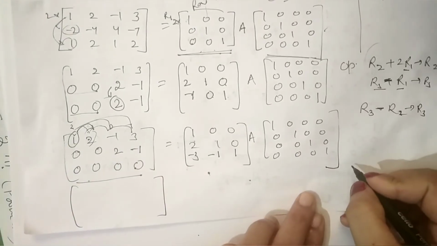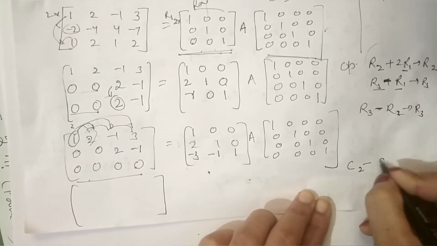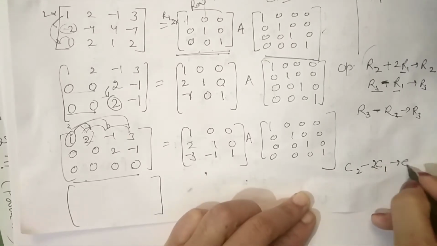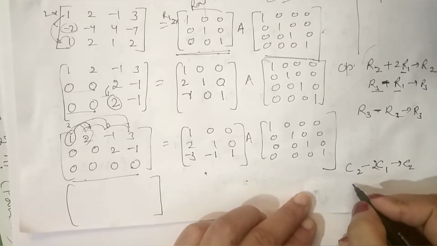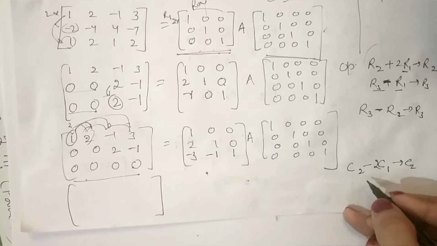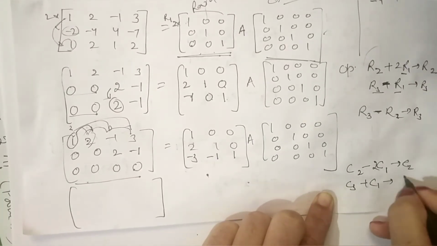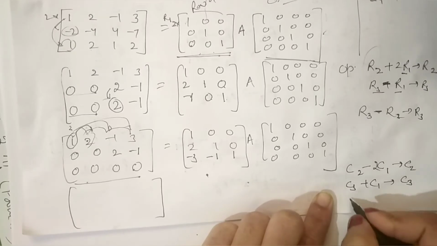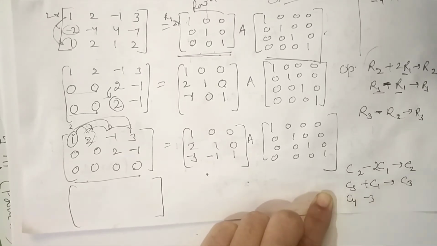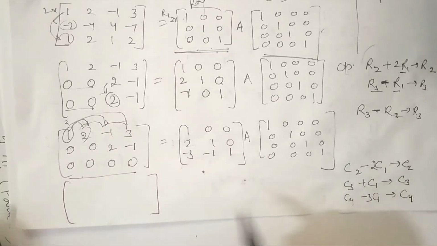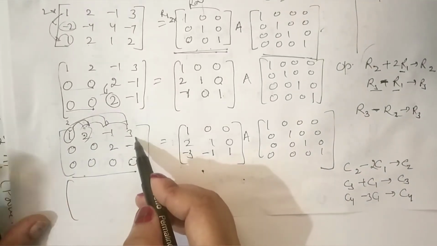So what I am going to do is column 2 minus column 1 multiplied with 2 on column 2. Then column 3 plus column 1 on column 3. Then column 4 minus 3 into column 1 on column 4. So all these elements will become 0.